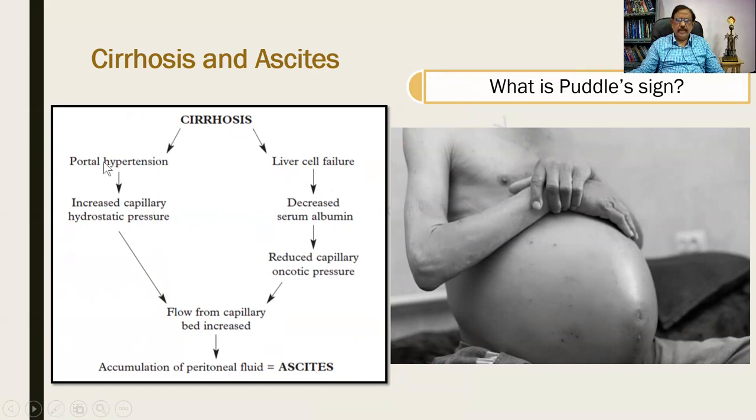Also, cirrhosis can result in portal hypertension, increase in the capillary pressure, and flow from the capillary bed is increased, again resulting in an ascites. Pressure overload as well as a volume overload. And this is as though a person has got a pot on his belly. You find that there is the umbilicus that is flattened.